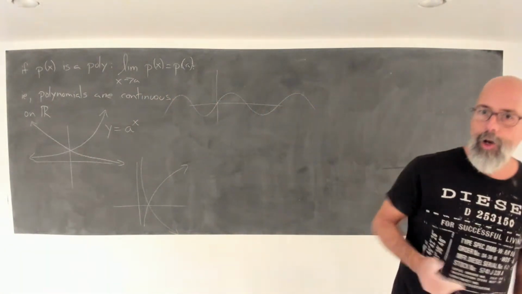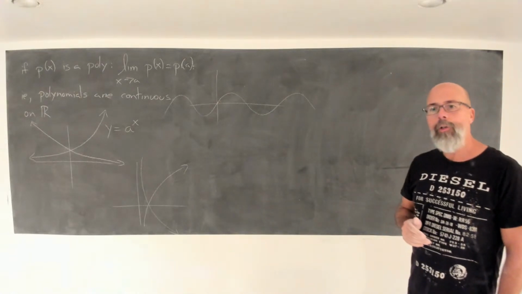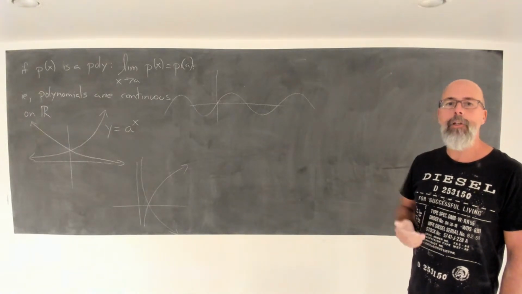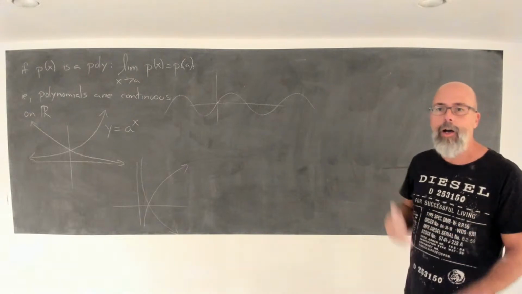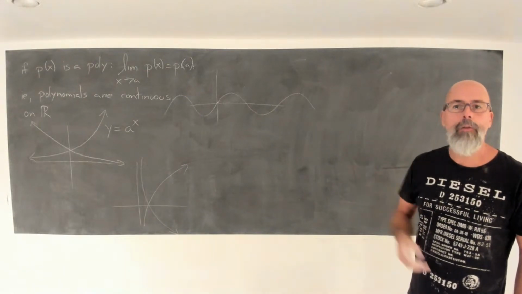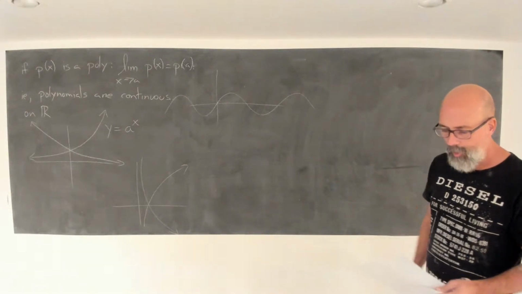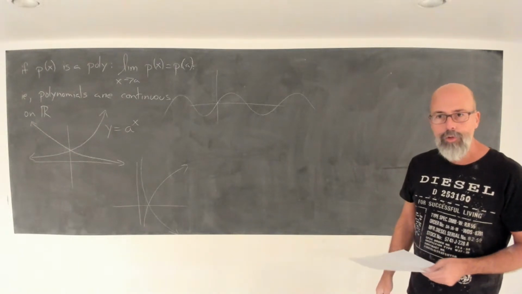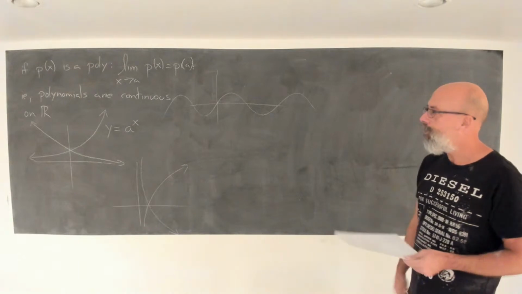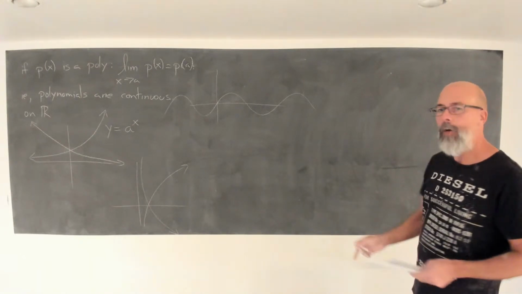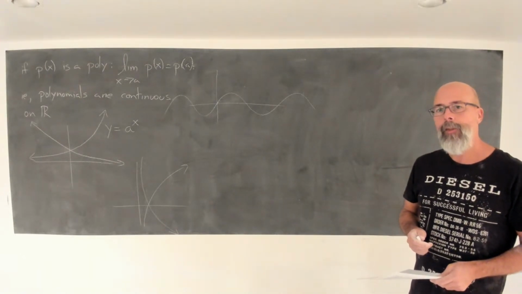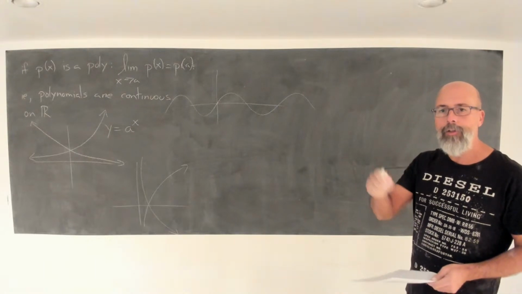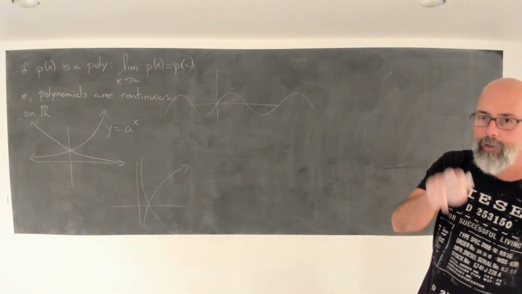You can multiply two continuous functions and you still get a continuous function. You can divide and so on. You can do all of these operations on continuous functions. Roots, sums, products, quotients, compositions.